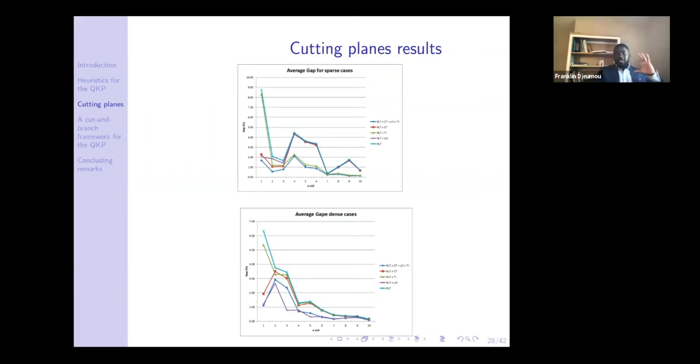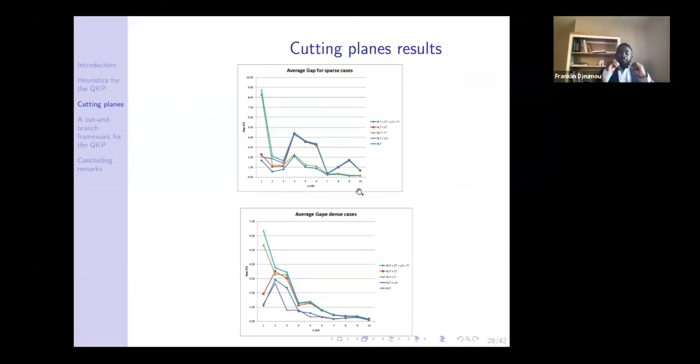So these results are based on those. When the profit matrix is very sparse, what you can see here is that combining all 4 families of cutting planes that I've presented will give you the best upper bound.